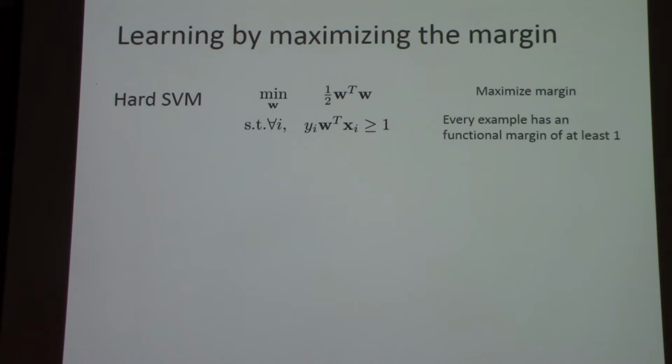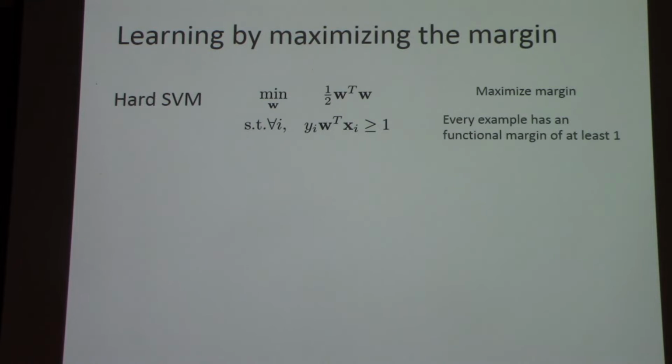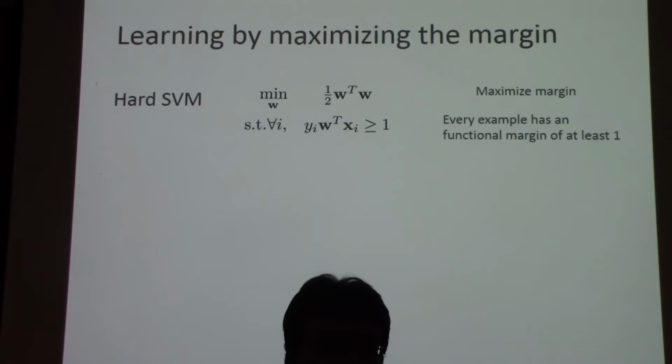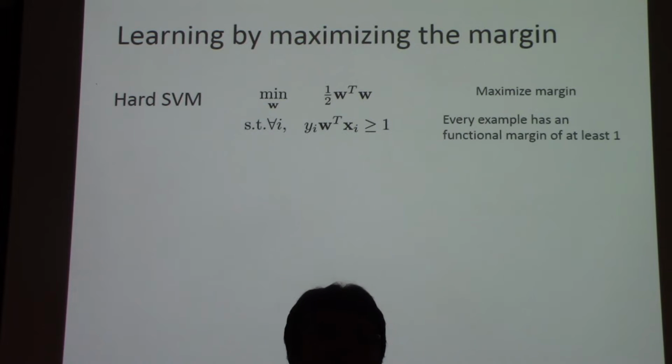So in the last class, towards the end, we were looking at this thing called the hard SVM, where we say find a W, your weight vector, which can be some n-dimensional object, that minimizes W transpose W. Question: if I just stop there, I don't have any constraints, find a W that minimizes W transpose W, what's the answer? Let's take one dimension.